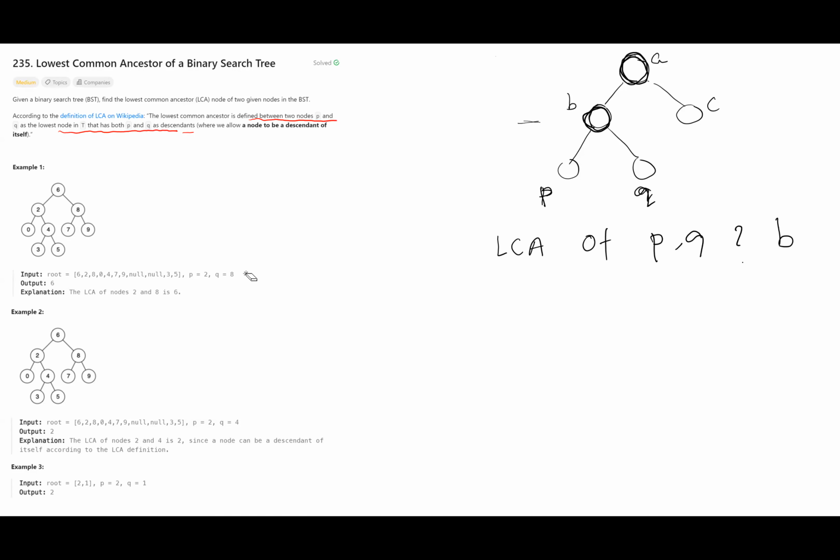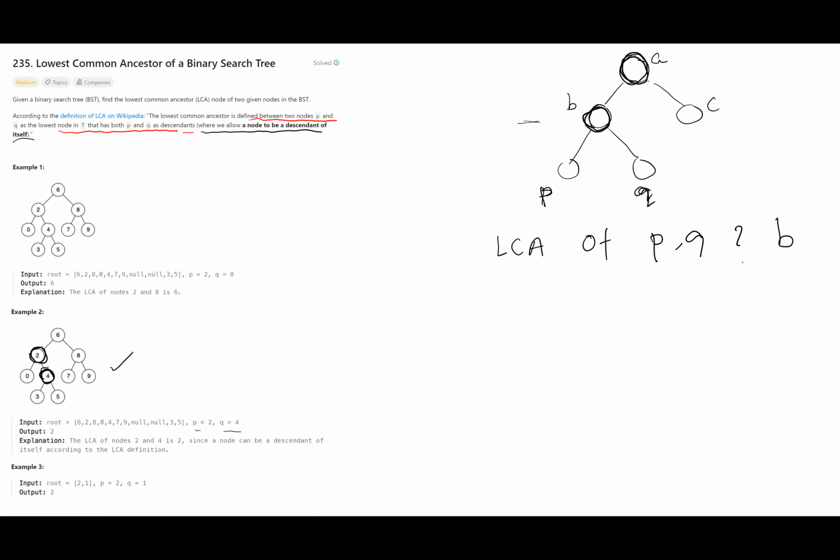Now let's look at another example. You are given a binary search tree where P is 2 and Q is 4. That means we need the common ancestor of this and this. Now, in the description, it says we allow a node to be a descendant of itself.